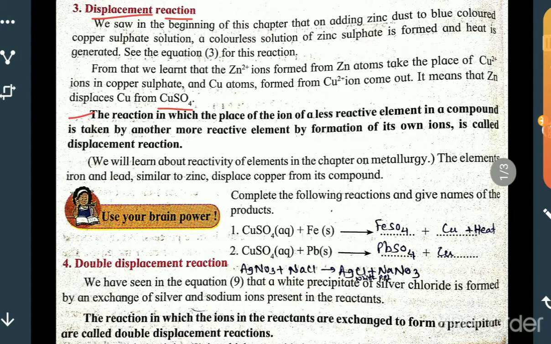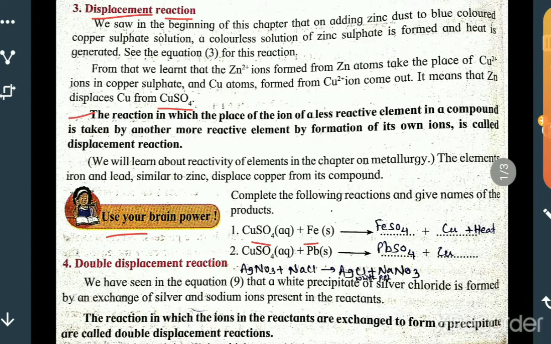Now here one of the activities is given, that is use your brain power. Complete the following reactions and give names of the products. In that, very first, number 1, CuSO4 aqueous plus Fe. Aqueous means it is a solution of copper sulfate, plus Fe, that is iron, which is in solid state.